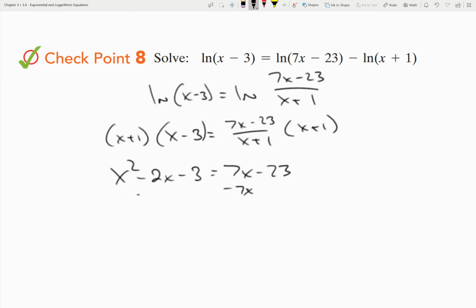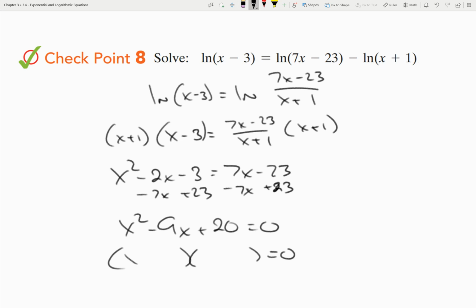I'm going to set it equal to 0. So we got x squared minus 9x plus 20 is equal to 0, which factors to x minus 4, x minus 5. So x is equal to 4 and 5. Ooh, they're both positive there. That is a good sign. And it looks like both of them will work. Both are solutions.